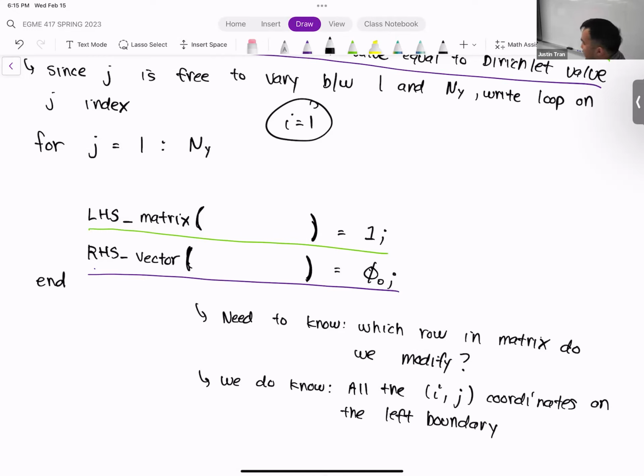And so our problem boils down to this: we need to take an IJ coordinate and transform it into a unique ID number that we can use to reference the matrix. Let's use our ID number equation from before. We'll just call it ID. Our ID equation is going to be J minus 1 multiplied by NX.